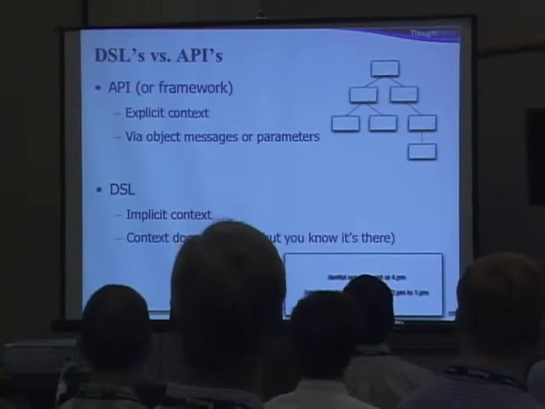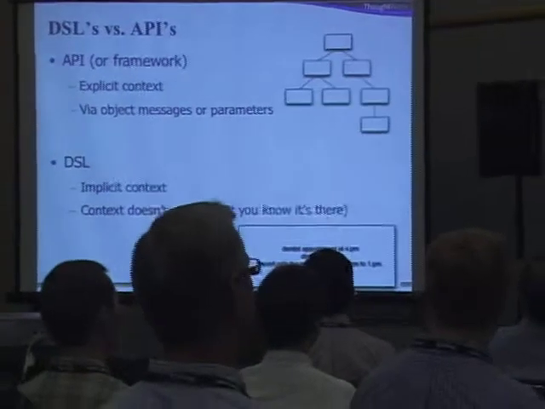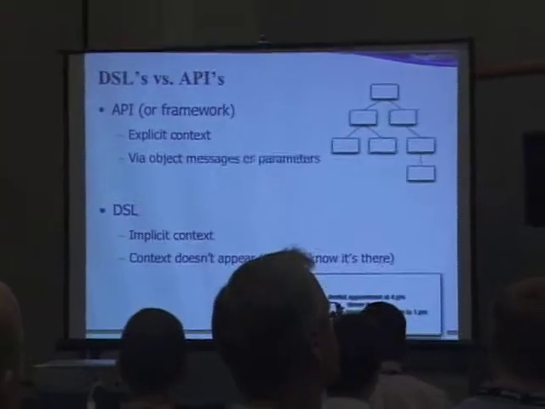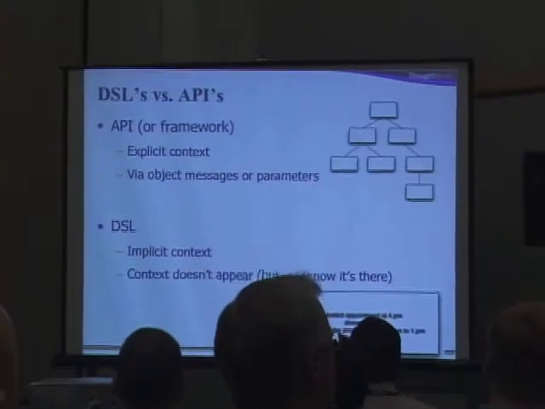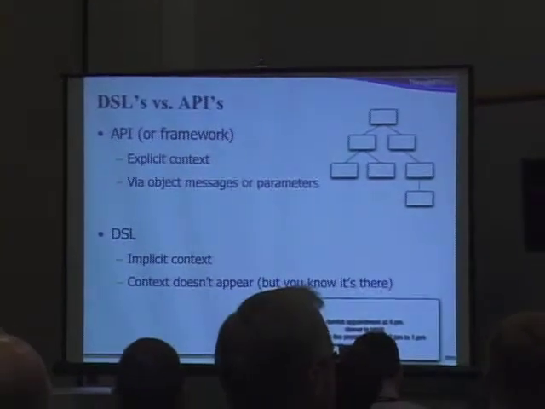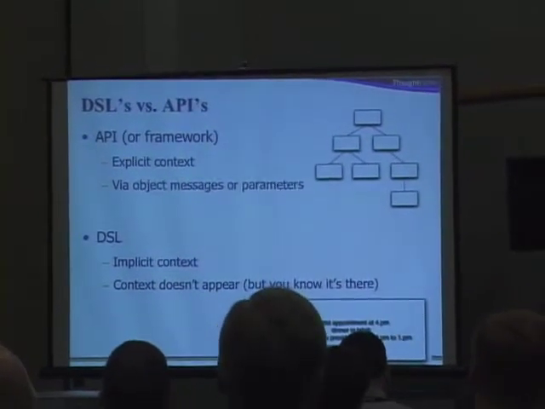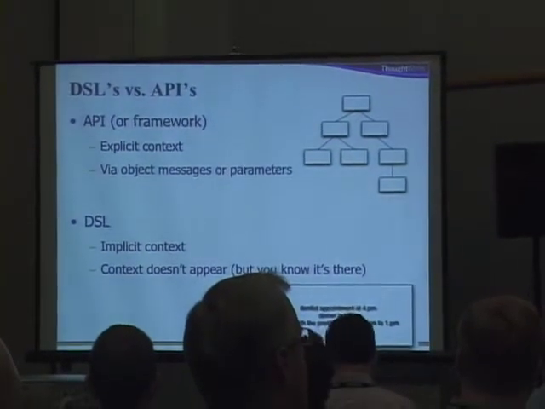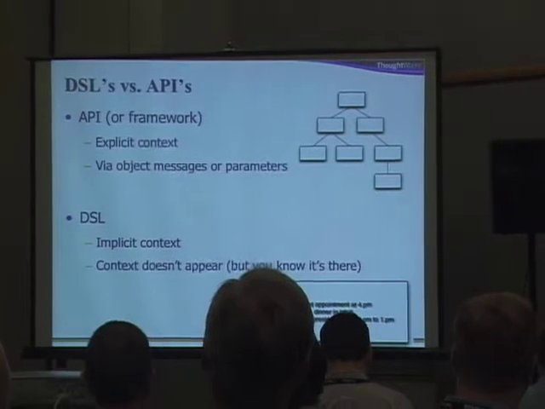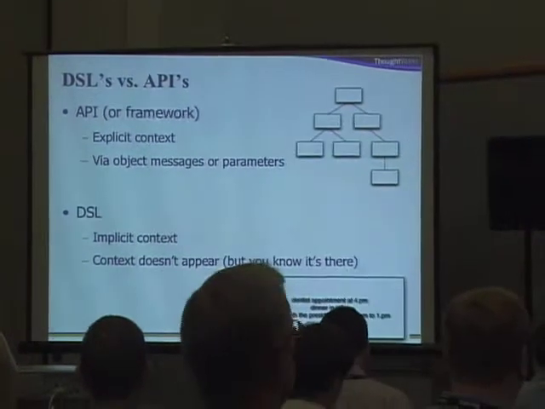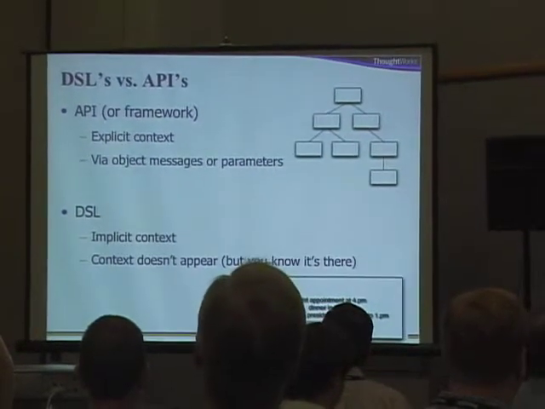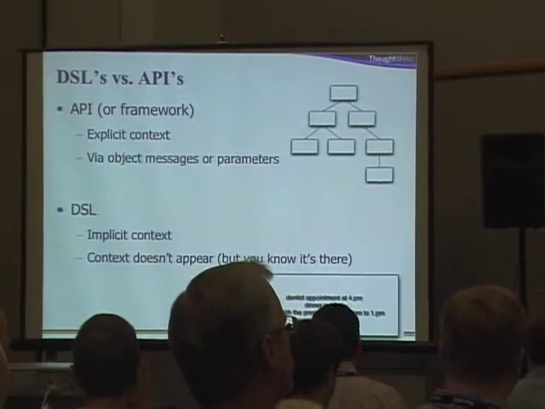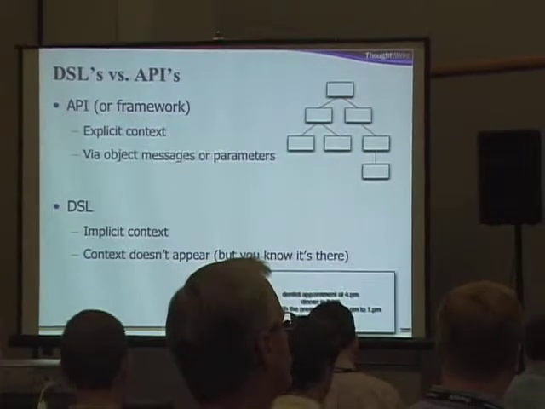So one of the questions that you have to answer when you start talking about DSLs is what is the distinction here between an API and a DSL? Because they address some of the same problem space. An API is some sort of framework that you've created to solve a particular problem, like an XML parsing framework or a user interface framework, which consists of a whole bunch of classes that are organized together in a very specific way and has very specific calling conventions defined within the framework.